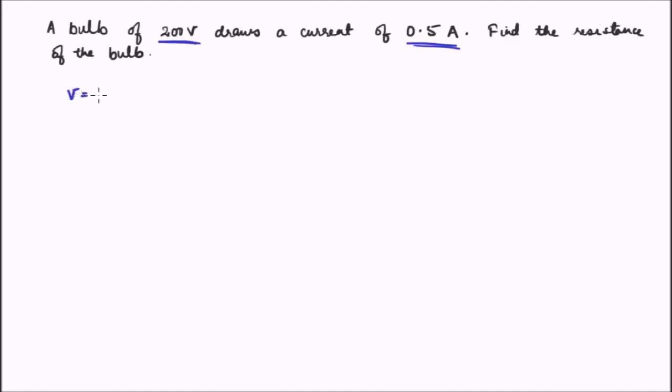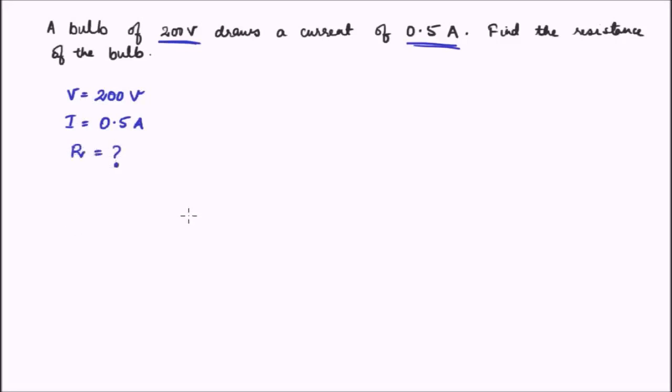Voltage is 200 volt and the current supplied to it is 0.5 ampere. Now the question asks us to find the resistance of the bulb. So the quantities we have are V and I, and we need to find R.